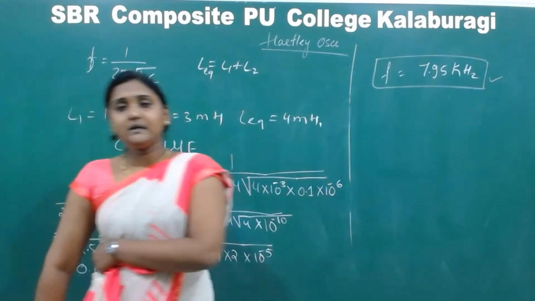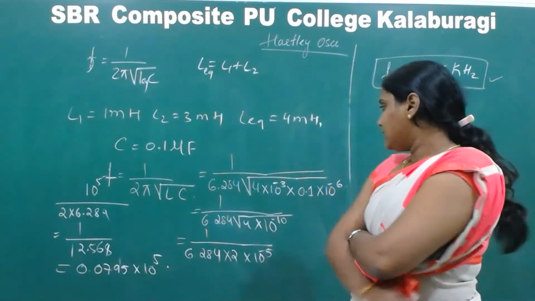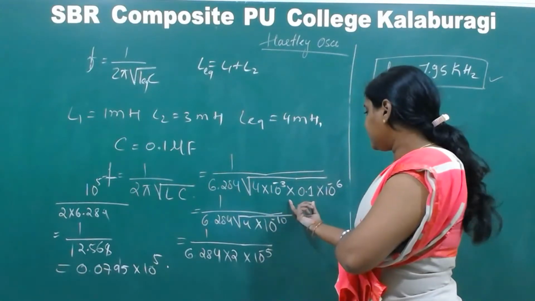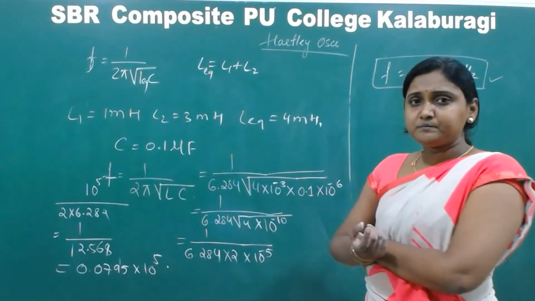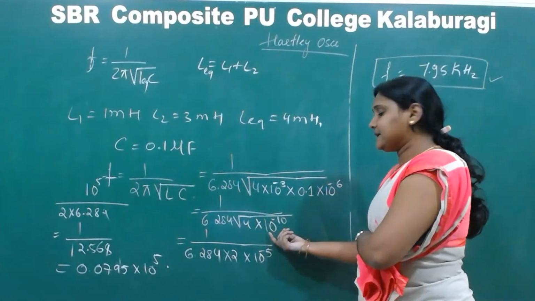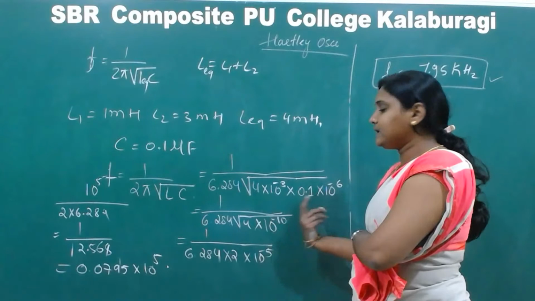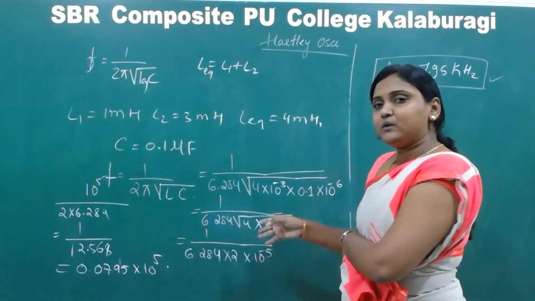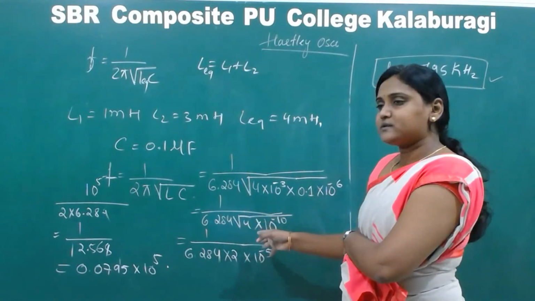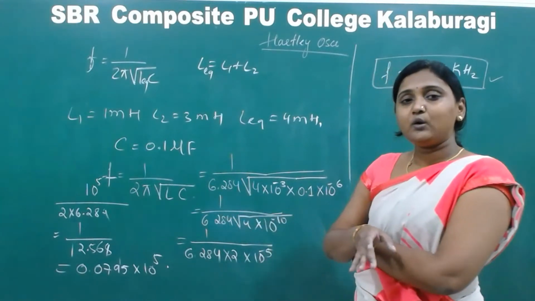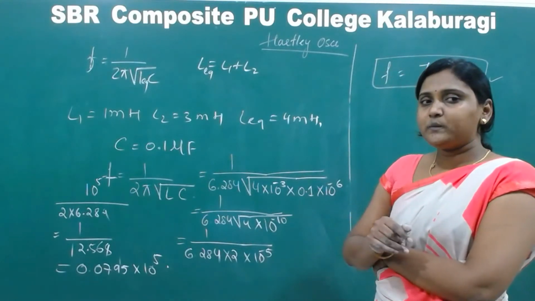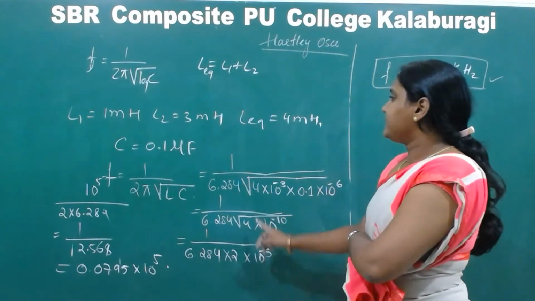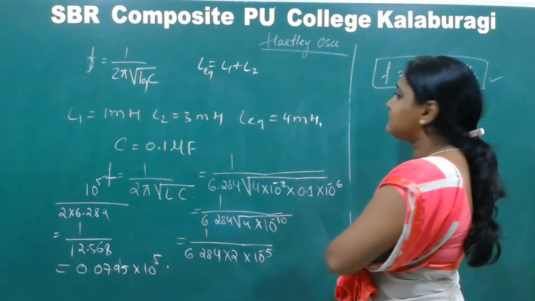So in the numericals, the calculation part that we have to remember here is to operate the roots. You have to be very clear about it. Always take it as an even value, so that you can easily bring it out from the root. Simply even value divided by 2 is going to give you the value outside the root, and taking the value in the numerator is going to be a simple task. That is one thing, and another thing is always the units.